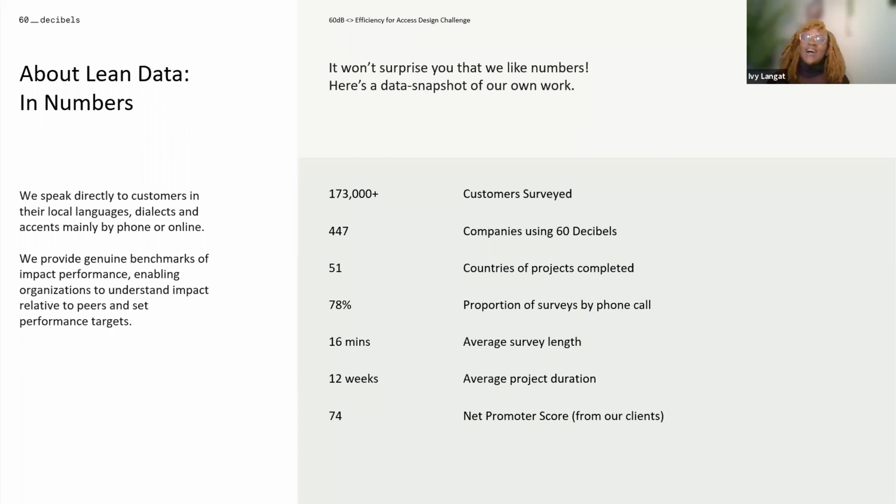So very quickly, about the 60 decibels impact measurement process. It's all about quick, repeatable studies that rapidly collect quality impact data and put the end user or beneficiary voice at the center of the process. Our projects typically take 12 weeks and we primarily do phone interviews.